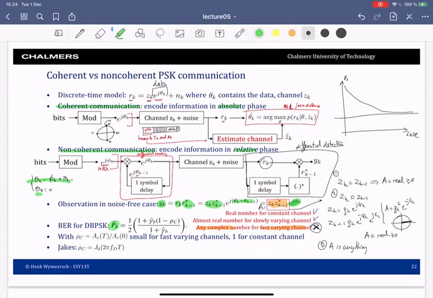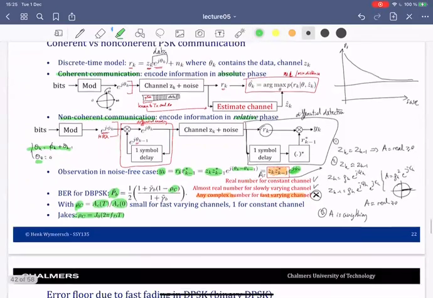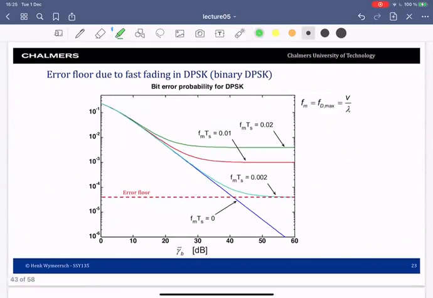So the average error probability for differential binary phase shift keying, so this is when you do BPSK with this scheme, is given by this expression where you have a value rho, and this value rho depends on the autocorrelation function. So the autocorrelation function after one symbol versus the autocorrelation function at 0. And for the Jakes spectrum, you can compute this exactly just by plugging this expression into the slides from that lecture. So now we can evaluate this, and then we get something like this.